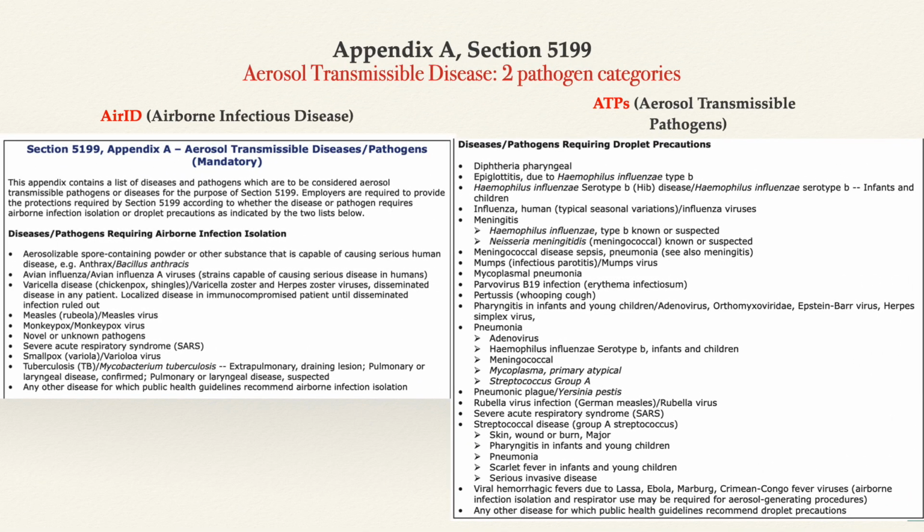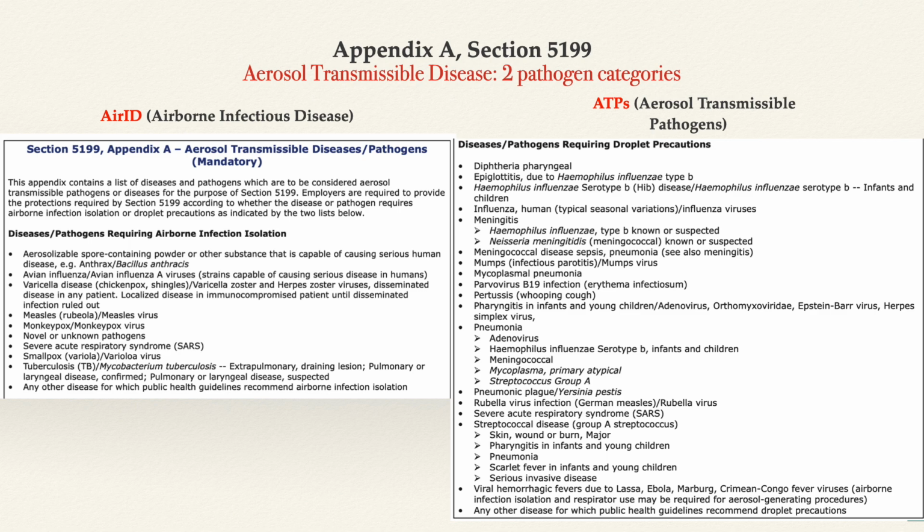Here's a more detailed list of the two pathogen categories. On the left-hand side, you see the airborne infectious diseases. That includes some of the ones we mentioned: varicella, measles, tuberculosis, but also a few things we don't always think about: monkeypox, avian influenza, and, as the table says, any other disease for which public health guidelines recommend airborne infectious isolation.